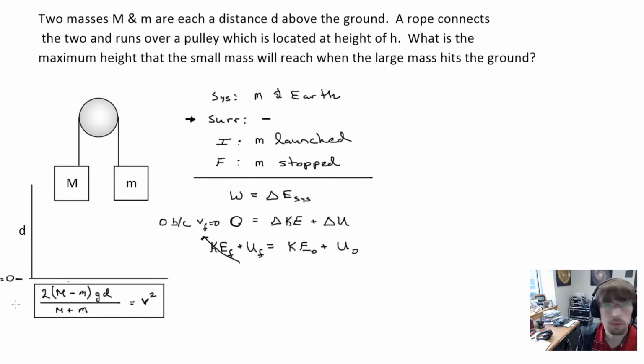And now let's substitute in our definitions. Here we have mgh, and I'll say h is my max height. Over here, 1/2 little m v squared. Put v naught so that we don't confuse it with v final.